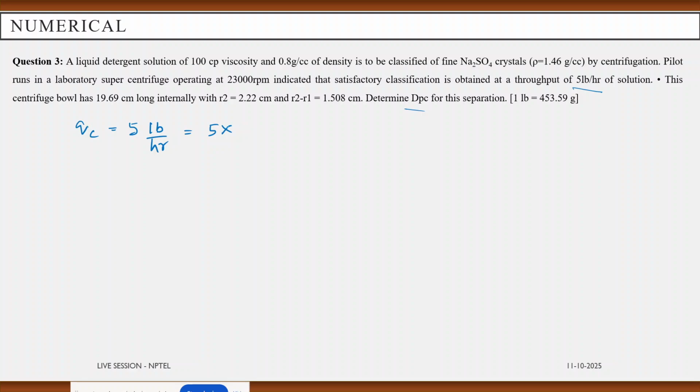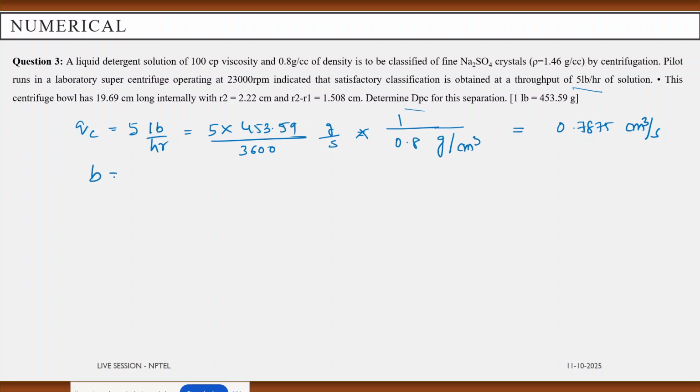We have to convert lb into gram, that is 430 into 59 divided by 306 grams per second, and then we will just convert this to centimeter cube, that is 1 by 0.8 gram per centimeter cube. So it is coming around 0.7875 centimeter cube per second.